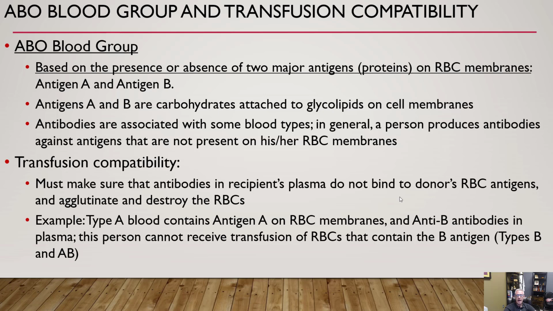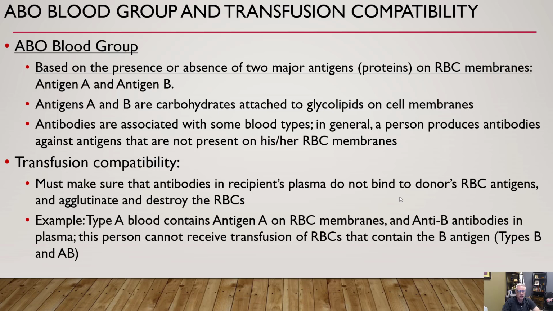So that means you cannot receive transfusions that have the B antigens. So you cannot receive type B blood and you cannot receive type AB blood. You can only receive blood that does not have the type B antigen on it.